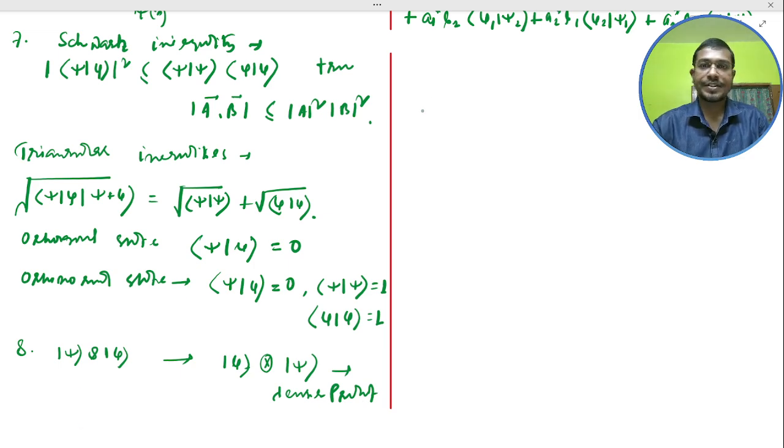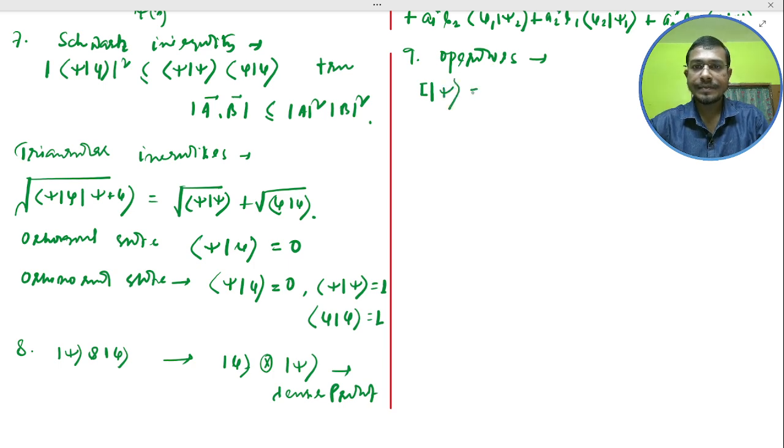Next, some operators. Number 9, very important. The operators. First one, the identity operator. That is, I acting on psi is nothing but ket psi. This is the identity operator.